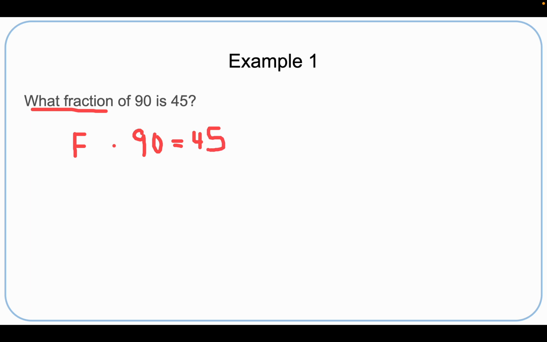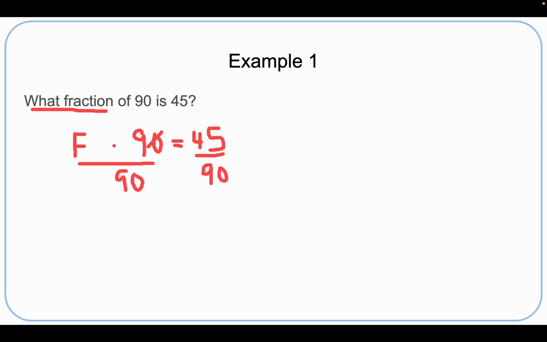So notice how when we substituted in the things that we knew, we're left with one variable, and we can then go ahead and solve for that variable. So to get f by itself on one side of the equation, instead of multiplying by 90, we need to divide by 90 to cancel that out. So if we divide by 90 on the left side of our equation, we also need to divide by 90 on the right side of our equation.